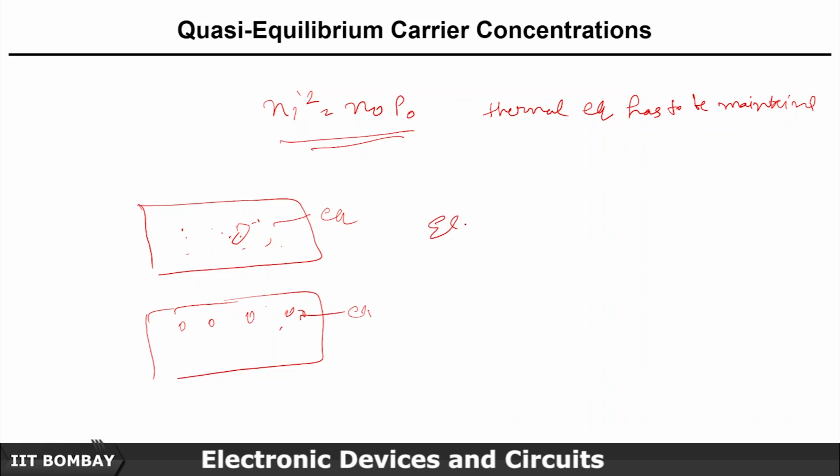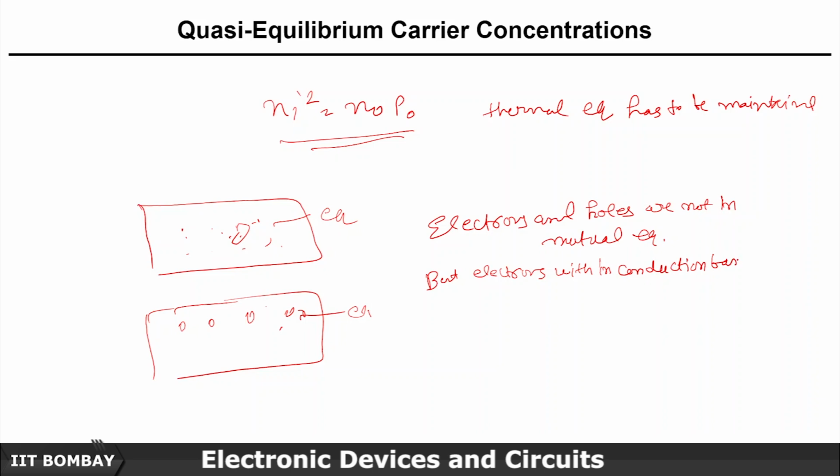So you can say electrons and holes are not in mutual equilibrium, but electrons within the conduction band are in thermal equilibrium, and similarly holes within the valence band are in equilibrium.